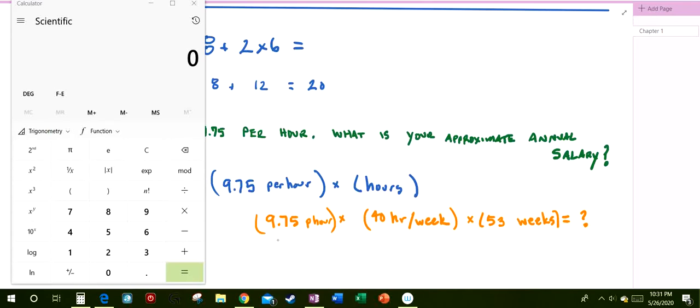Pull up our calculator and we'll do the math here. Now, I've only got multiplication here, so I can solve this in any order I want. 9.75 times 40 times 53 equals.